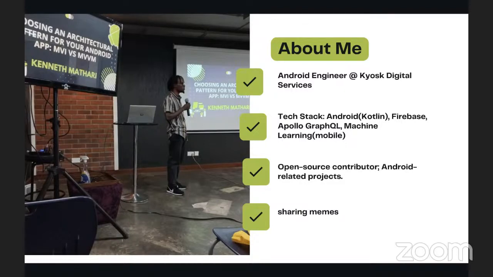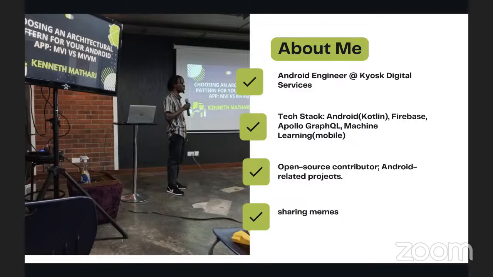My tech stack, what I usually work on a day-to-day basis, is Android. I use Kotlin to build Android applications. I rarely do backend stuff, but if I want something from backend, I use Firebase. I currently work with Apollo GraphQL.